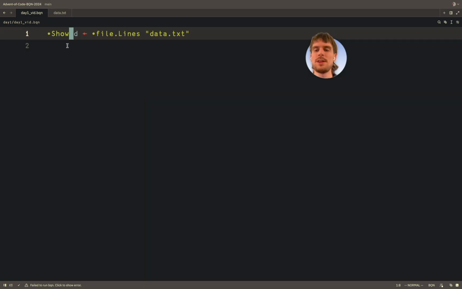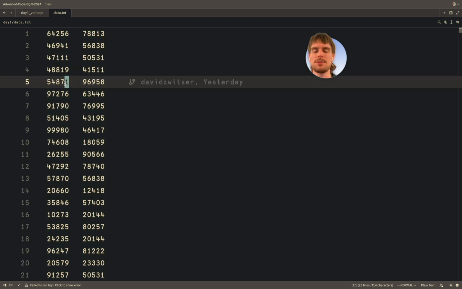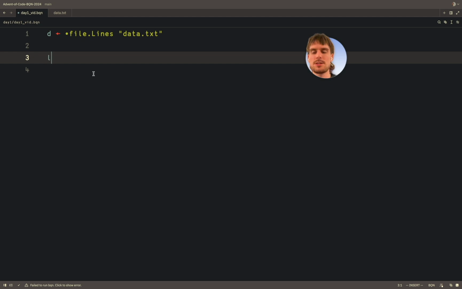we can sort them. What I saw on the data is that they're all 5 characters wide. So what we can do is find line 1 or list 1 by picking the first 5 items off the left. Oh, yeah, like that. So there we get the first 5. We can show that.